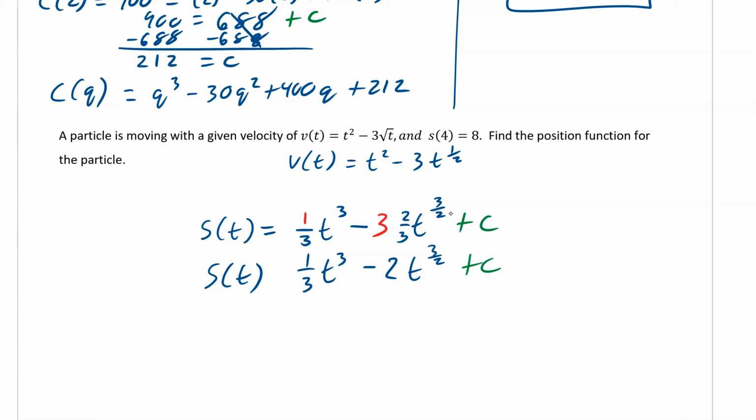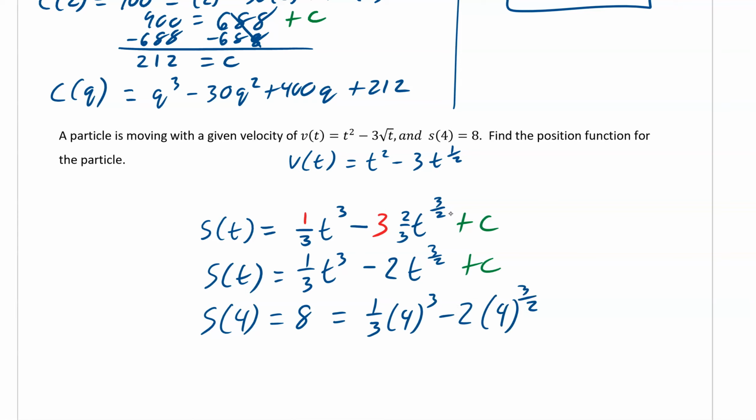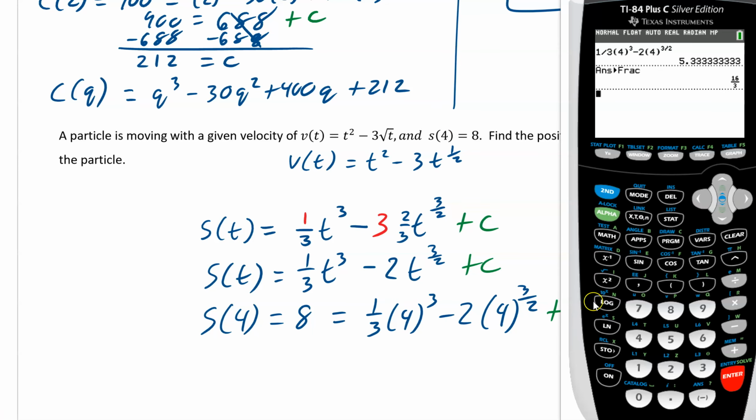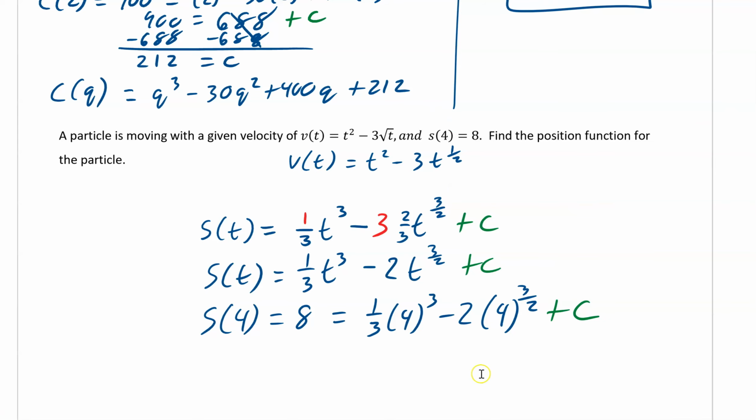And then we know that s of 4 is 8. So what they're doing is giving you a position, a location, and that'll allow us to find our constant. So if I plug in 4, I can then find c. Plugging in our calculator gives us 16/3. So we have 8 equals 16/3 plus c.